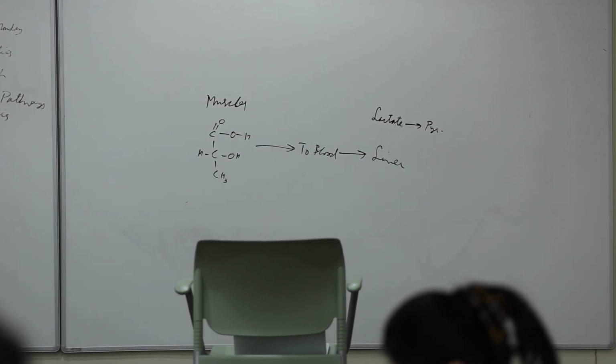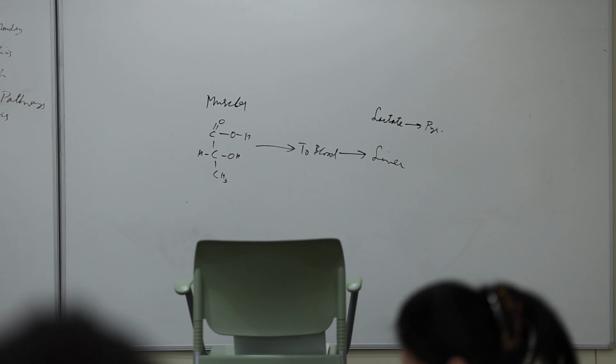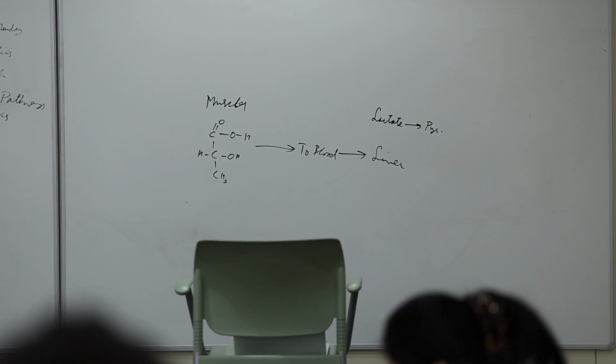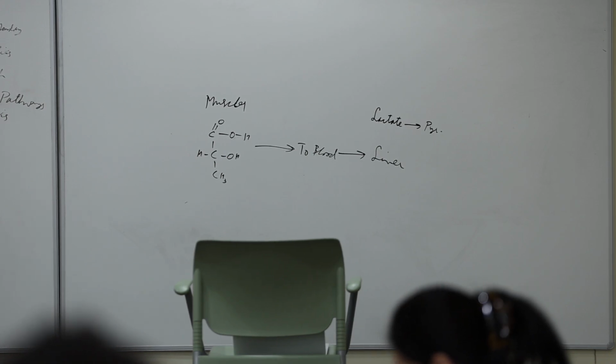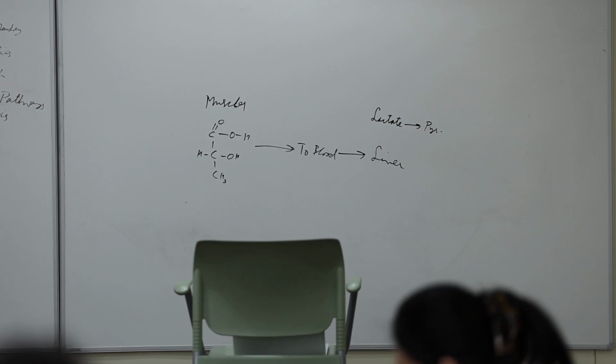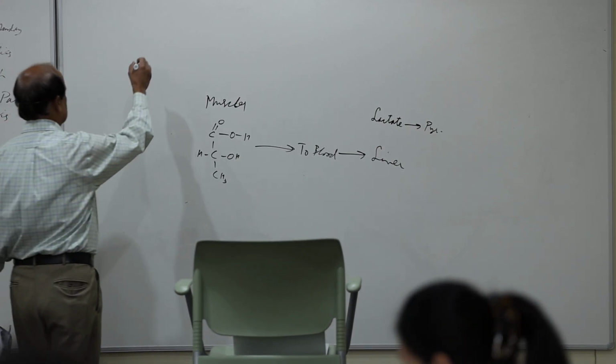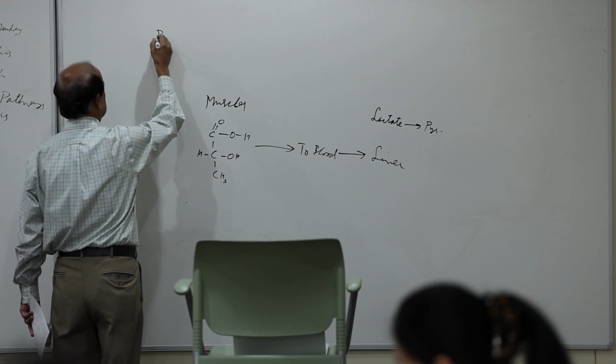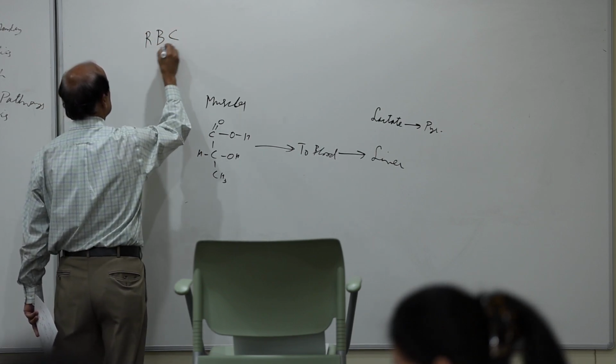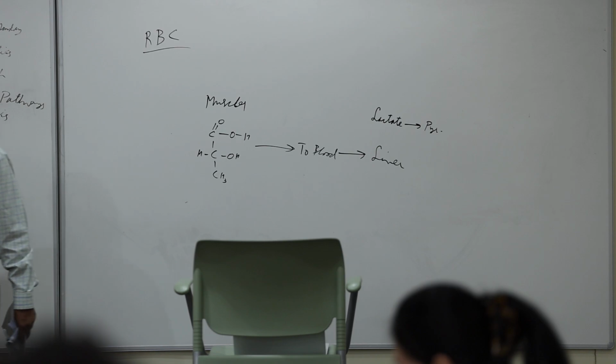There is another place that makes a lot of lactate, although they are not doing much exercise, that again goes into the blood, and then that goes to the liver, and then it is oxidized to make pyruvate. And that happens in the red blood cells, the erythrocytes.